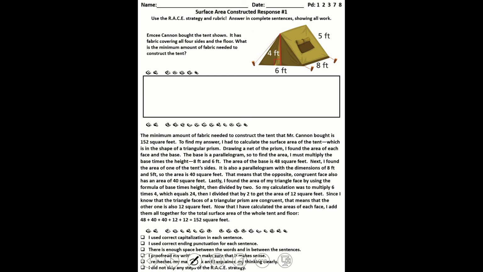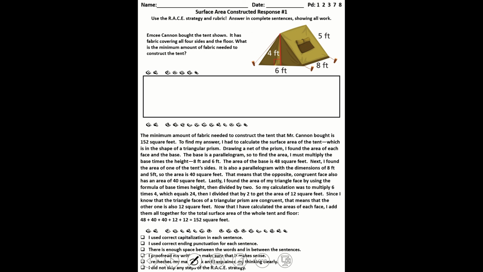So my final product is the minimum amount of fabric needed to construct the tent that Mr. Cannon bought is 152 square feet. To find my answer, I had to calculate the surface area of the tent, which is in the shape of a triangular prism. Drawing a net of the prism, I found the area of each face and the base. The base is a parallelogram, so to find the area, I must multiply the base times the height, 8 feet and 6 feet.